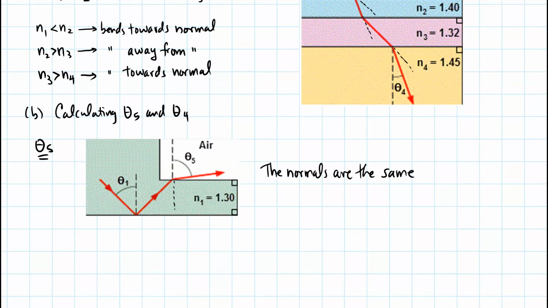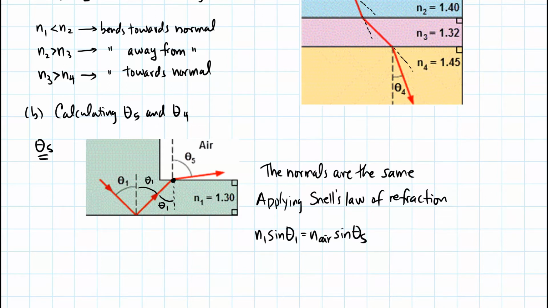So if I look at this here, we know by the law of reflection that this is θ1, and this other angle here should also be θ1. If I now apply the law of refraction at this point between N1 and air, this is what we write.